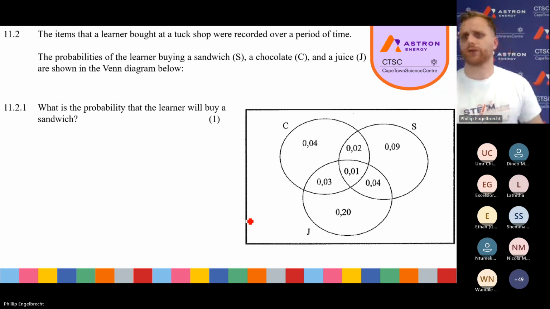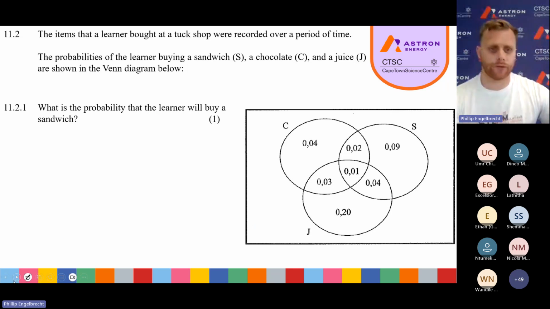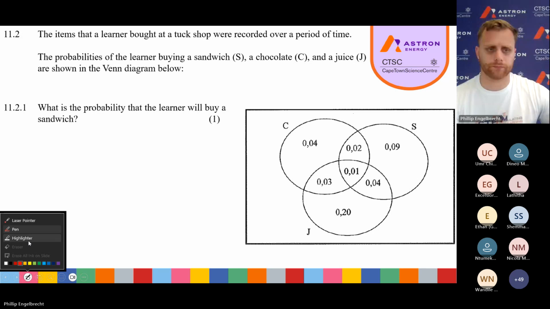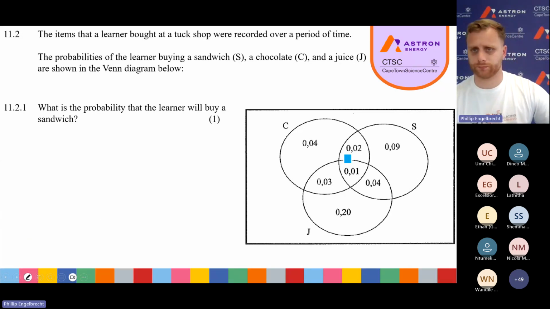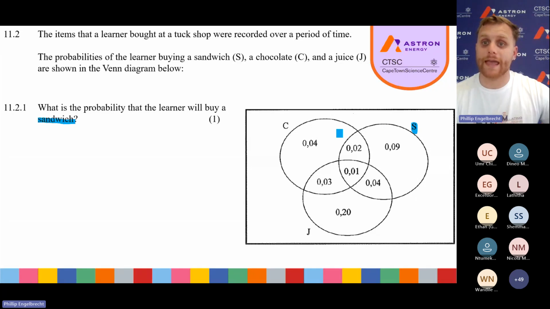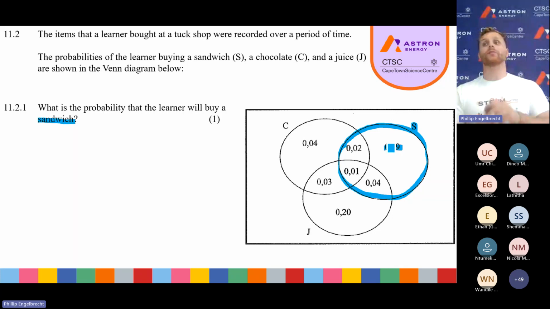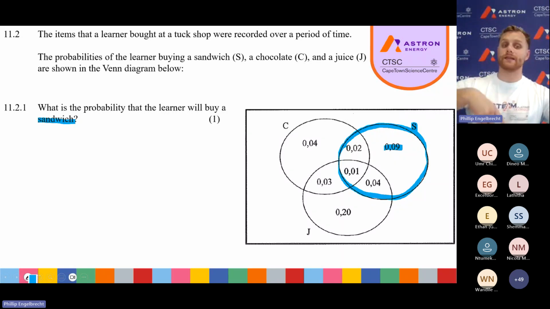Okay. So let's figure it out. Remember, let me just take out my highlighter again. So the probability that a learner will buy a sandwich is the value of this entire circle, guys. This 0.09 is just the probability that the learner only buys a sandwich. But we want to know the probability of buying a sandwich in general. So therefore, the probability of a sandwich is the value of that entire block.